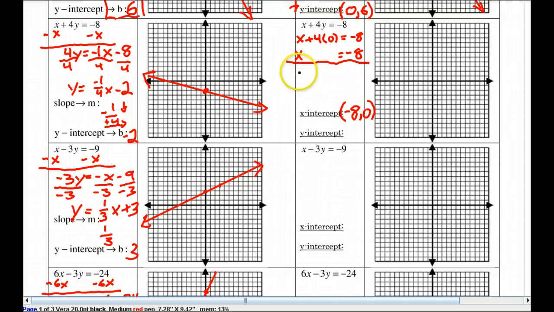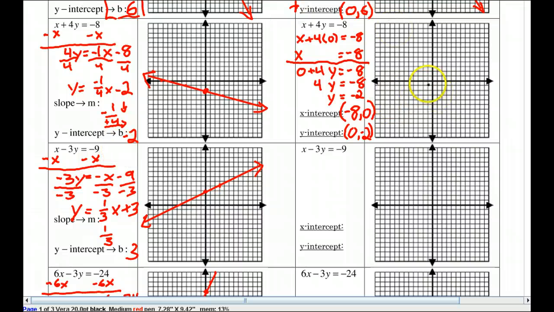Next one, we'll have 0 plus 4y equals -8. Same as 4y equaling -8. So y must equal -2. And what's the coordinate? 0 and -2. But we already knew that because we have the slope-intercept form right here, and of course it's -2.